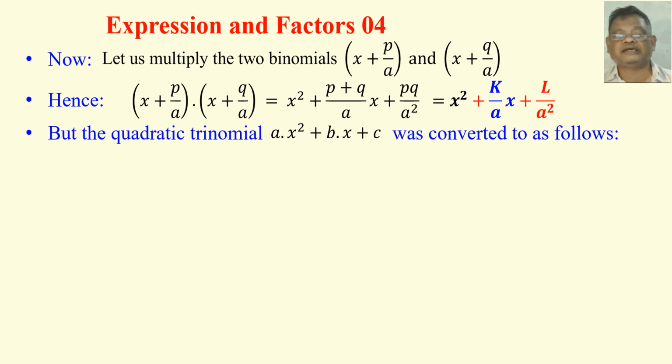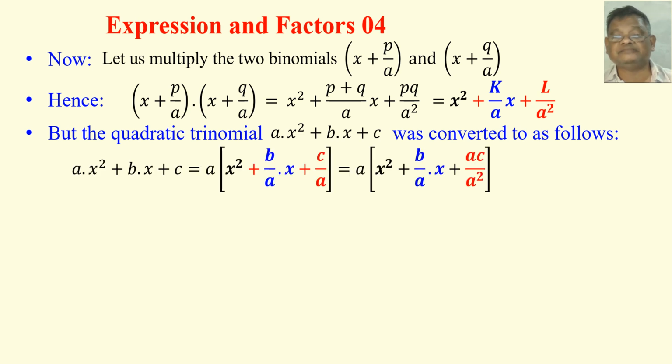The quadratic trinomial ax squared plus bx plus c to be factorized can be written as a times x squared plus b over a into x plus c over a, as well as a times x squared plus b over a into x plus ac divided by a squared, as displayed.